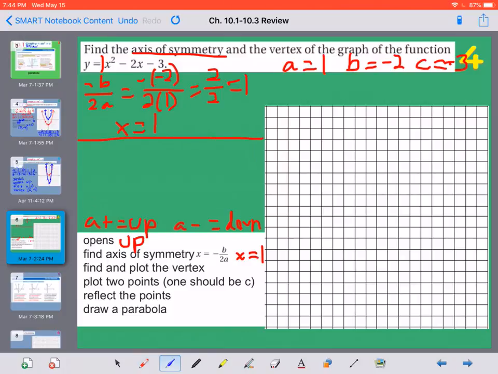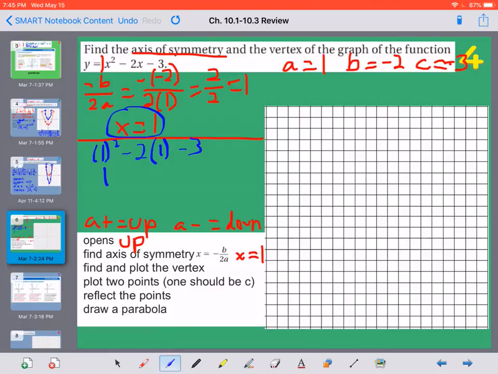Now the second part says plot and find the vertex. Now for the vertex, we need to find a y. We already know what x is. We know that x is 1. So how we find our y is we plug that 1 back into our equation. So this time we'll have 1 squared minus 2 times 1 minus 3. 1 squared is 1.